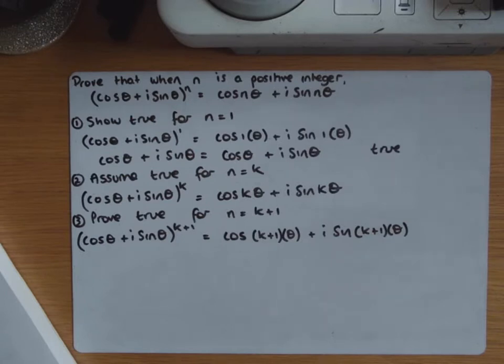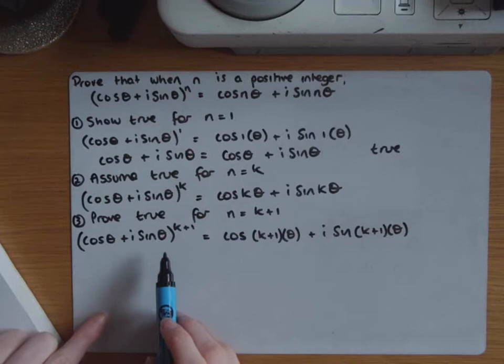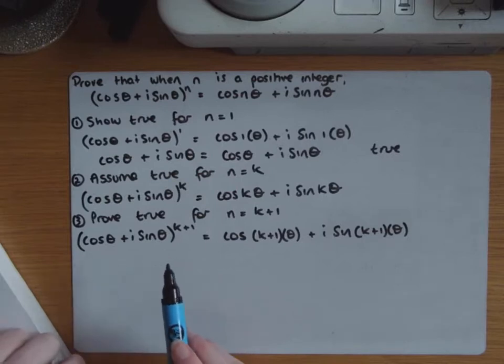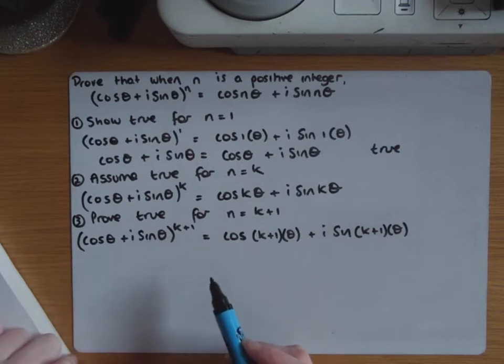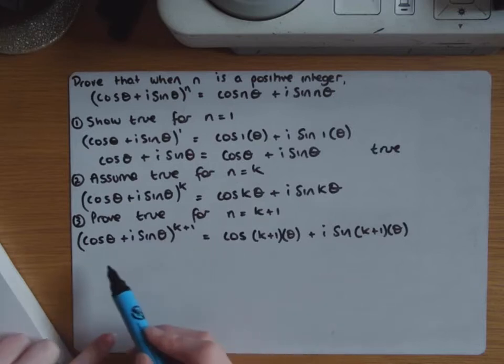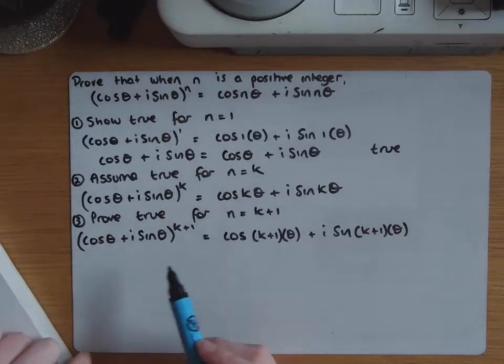Okay, so on the left hand side we have cos theta plus I times sine theta to the power of k plus 1. Okay, so I'm adding my powers, that must mean I was multiplying before this step. So it's cos theta plus I times sine theta to the power of k by cos theta plus I times sine theta to the power of 1.